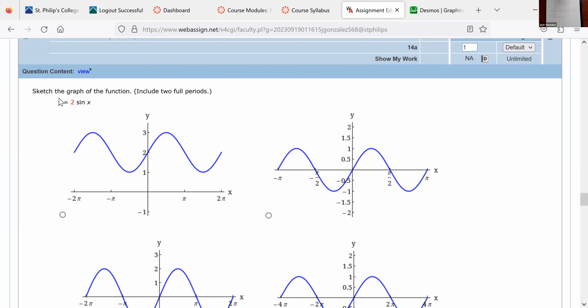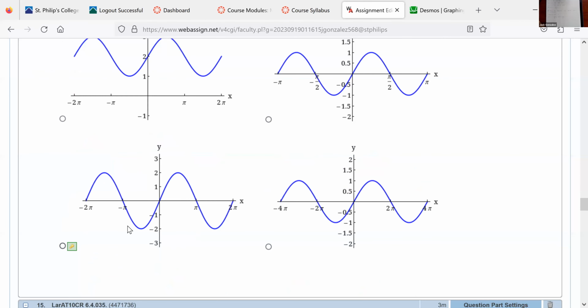So here it says sketch the graph of the function 2 sine. If you remember what the original looks like, we know it goes through here, but it's times 2, so it should be scaled by 2. So the amplitude should be all the way up until 2 and -2. So it has to be this one, 2 and -2.